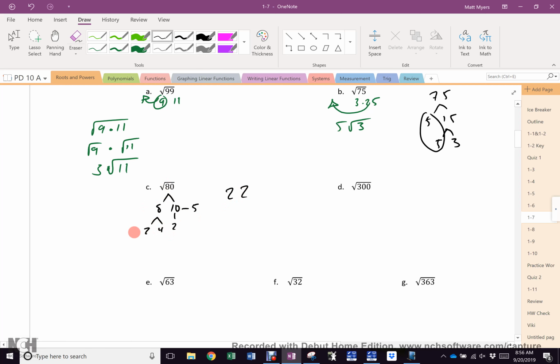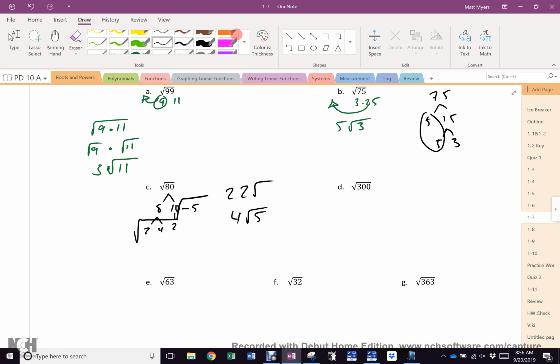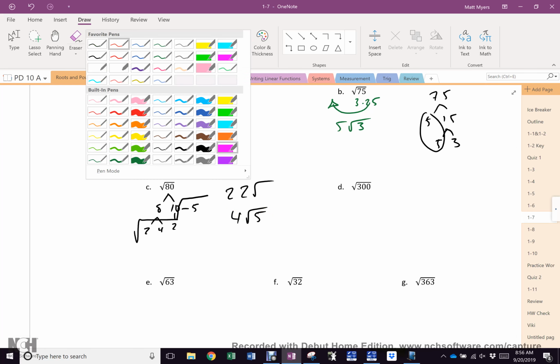Because this is all square rooted, right? So I got a 2 and a 2 out there, so what happens with them? To get 4. And what stayed under there? 5. Okay?